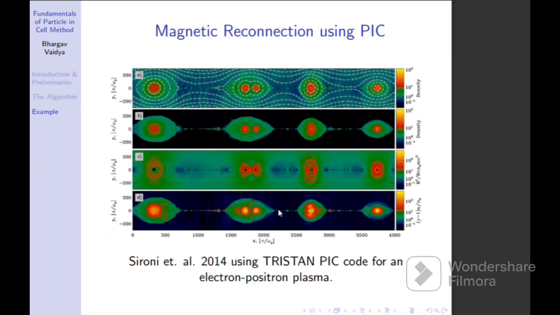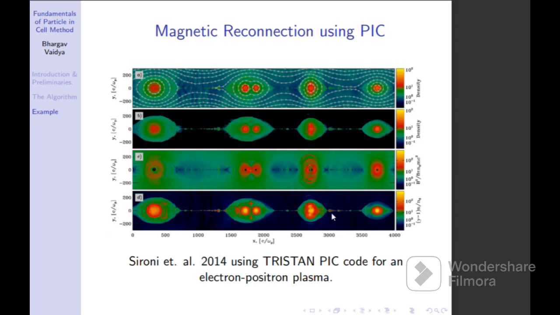You have interpolated it, and you are seeing the number densities. So you are essentially plotting the density. You can see how large numbers of particles are accumulated in these plasmoids. And there are more of these plasmoids forming, which makes the reconnection problem very interesting and multiscale.